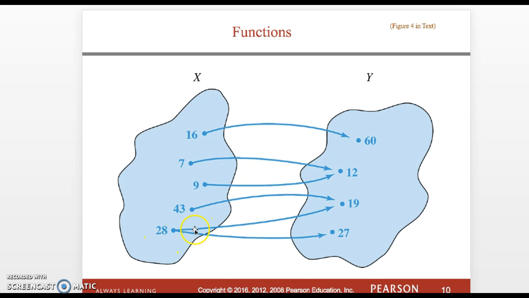This is what is not allowed for a function. If we had removed one of these, like the 28 mapping to 27, we would have a function, right? Two things in the domain mapping to one in the range is fine, but one value in our domain mapping to two different in our range is not okay. So we want to be a little bit careful here. It says functions, but this is indeed not a function.